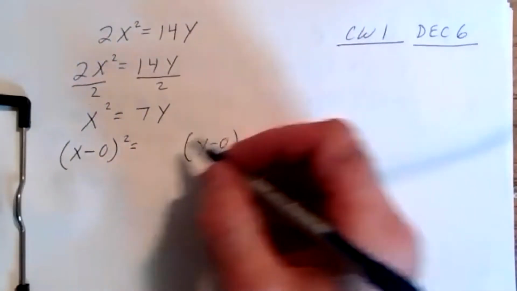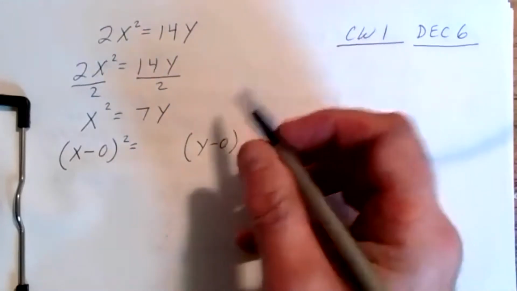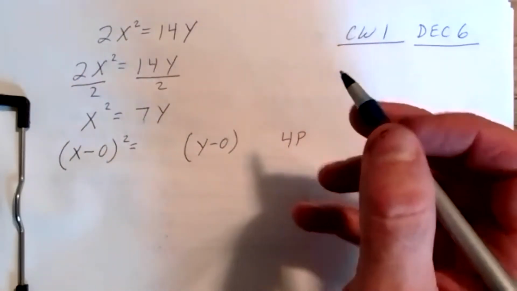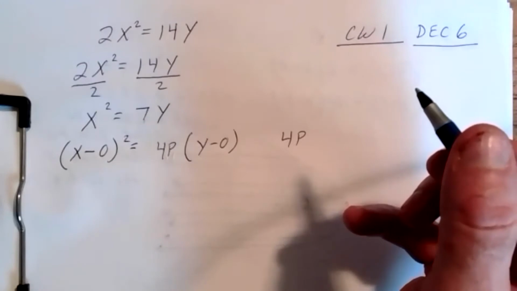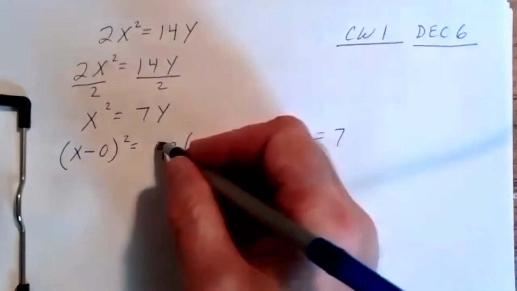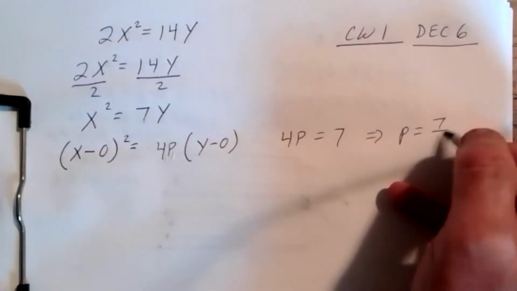Let that dry there, so I'll put a 7 in there. So therefore, my 4p has to be what? 7, right? That's 4p, which has to be 7. I did it again. I put 4p in there. It's supposed to be 7. Anyways, that implies that p is equal to 7 fourths.